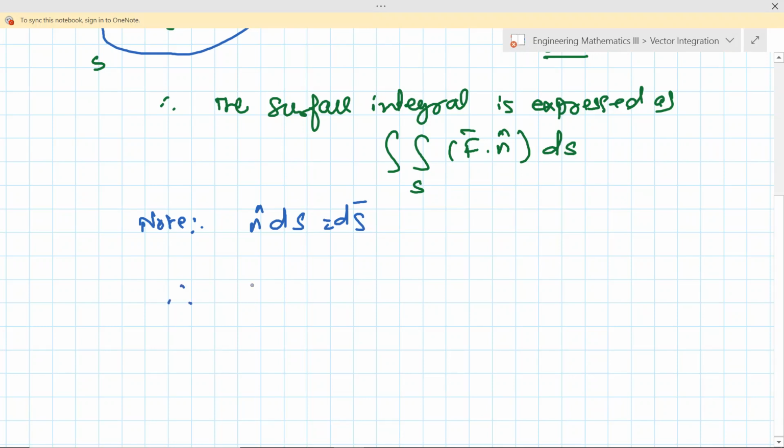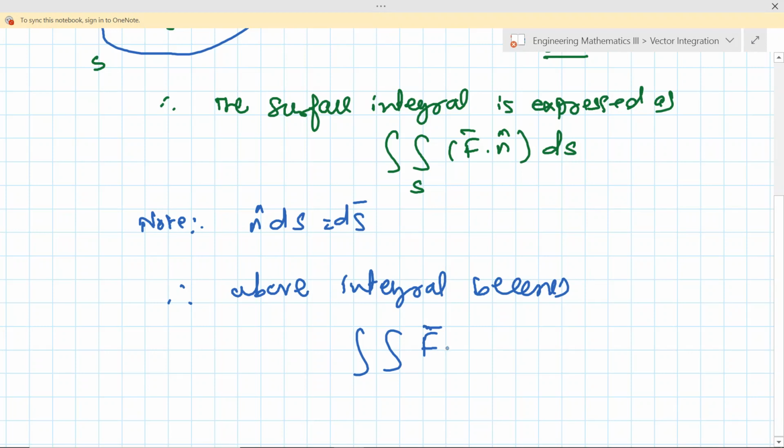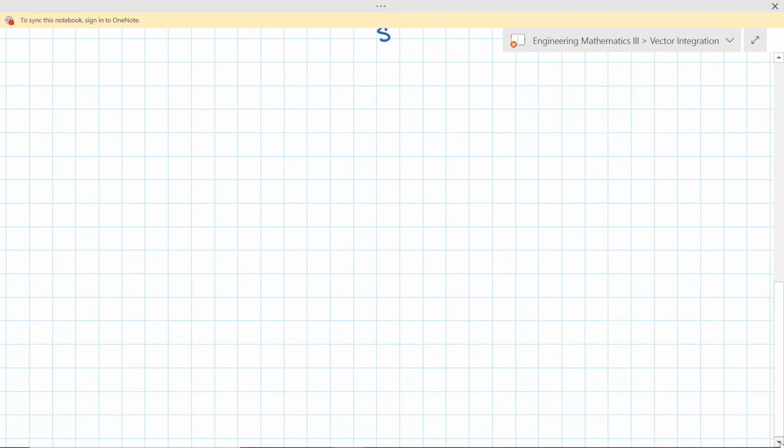Therefore the above integral becomes the double integration of f bar dot n cap ds, which is f bar dot ds bar over the surface. This is nothing but the surface integral.